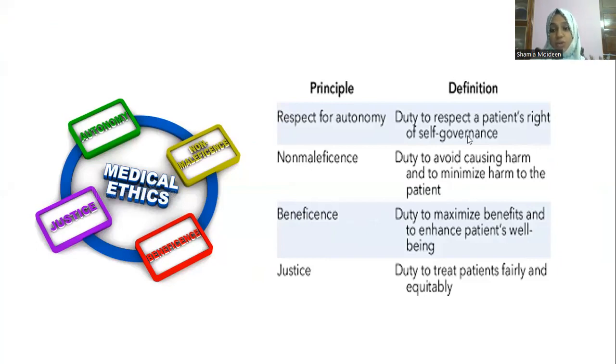It is the duty to avoid causing harm and to minimize harm to patients, whereas beneficence focuses on benefiting the patient, the duty to maximize benefits and enhance the patient's well-being.